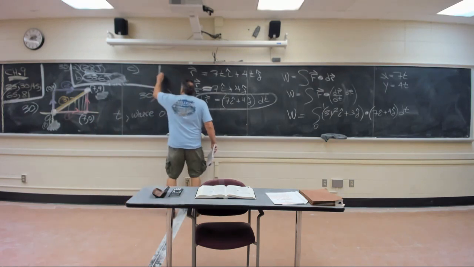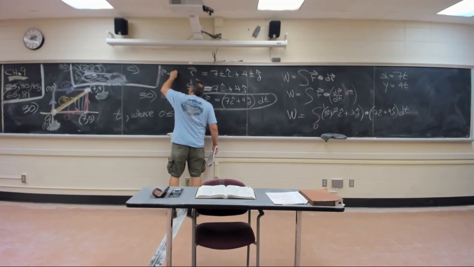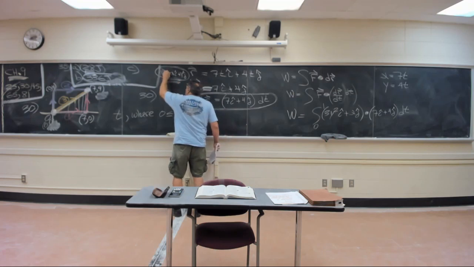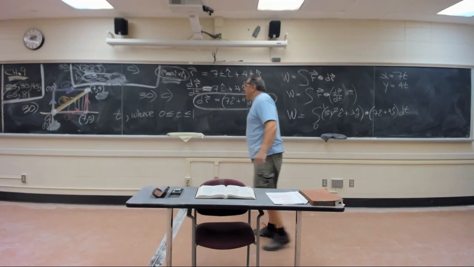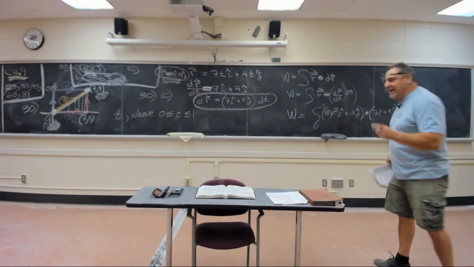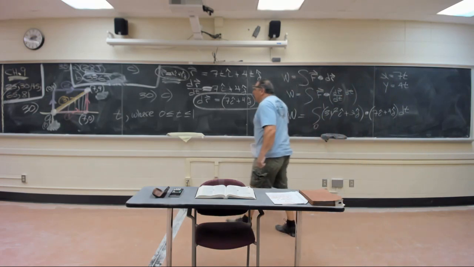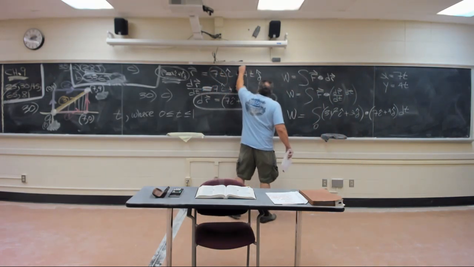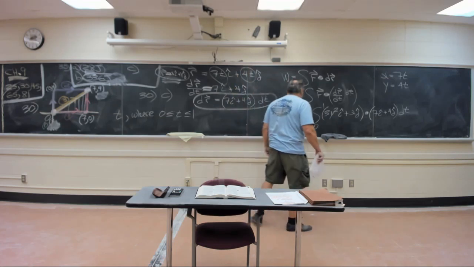So you got to remember, guys, you were saying this at the beginning, whether we confess it explicitly or not: r vector equals xi hat plus yj hat. x is 7t. y is 4t. Is that believable?